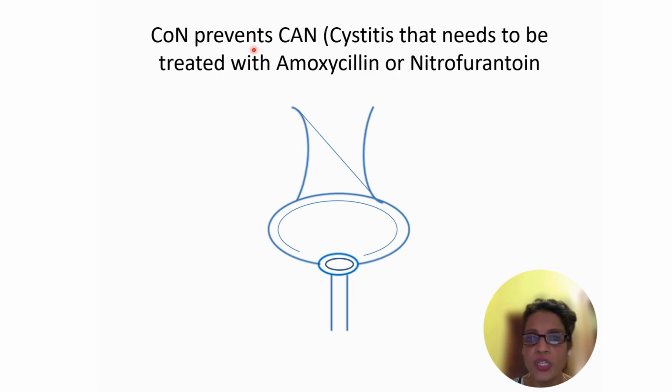So CON prevents CAN. CAN is cystitis, amoxicillin and nitrofurantoin. I have already told you that. So remember, for bedtime prophylaxis, preventing urinary tract infection in children who have vesico-ureteric reflux, you use cotrimoxazole and nitrofurantoin.